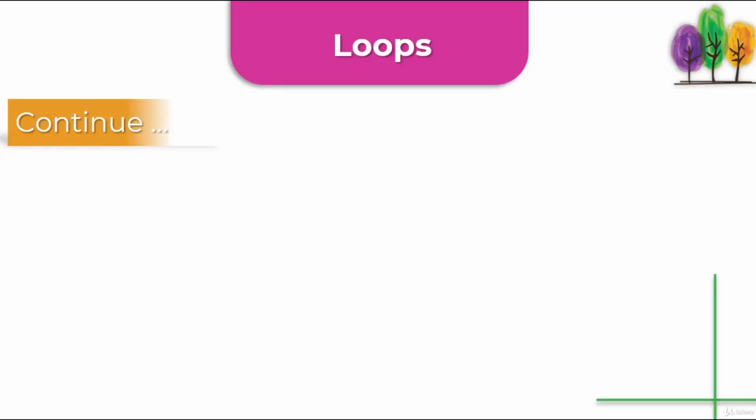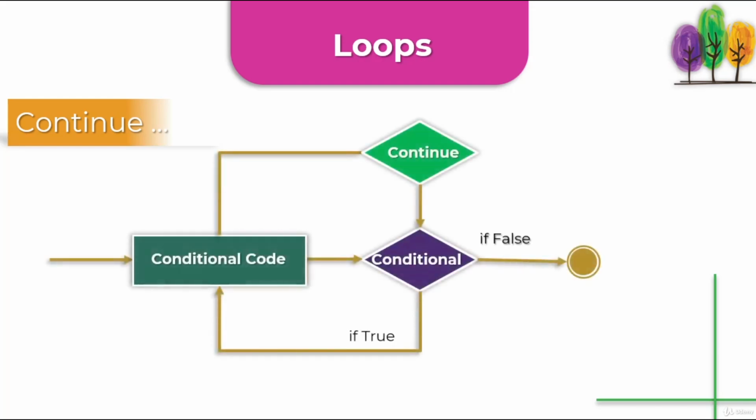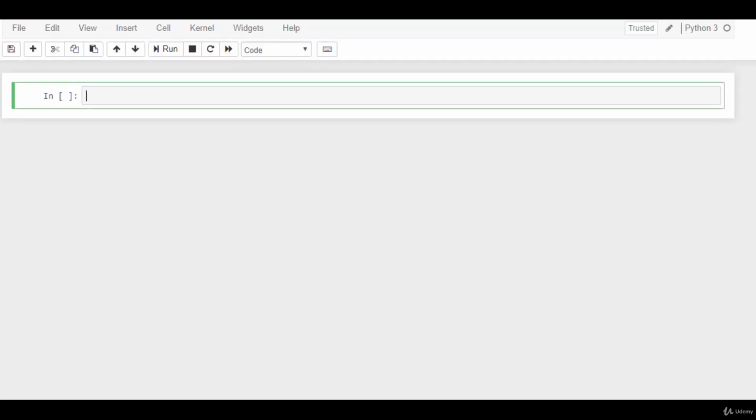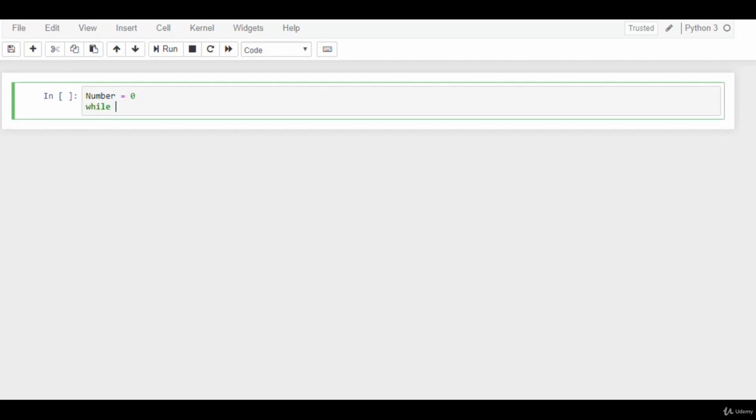The task of the continue statement is to ensure that everything that follows it is skipped and it returns to the beginning of the loop. So let's have a look at some examples to understand the continue statement. Number equals 0, while number is less than 20.